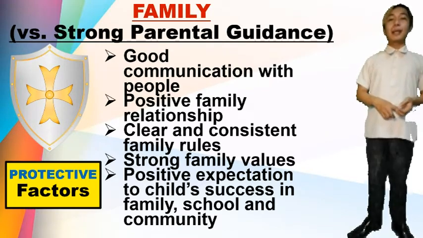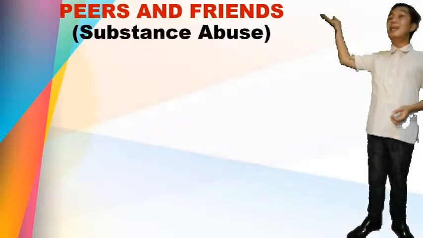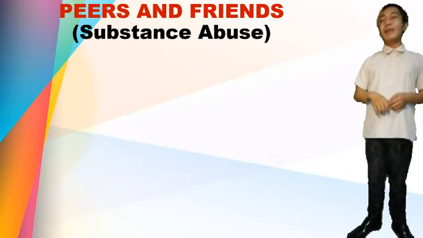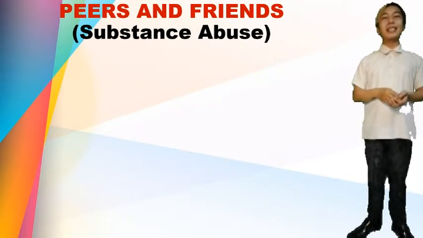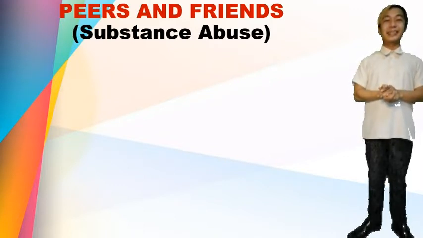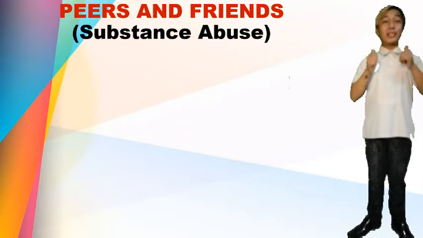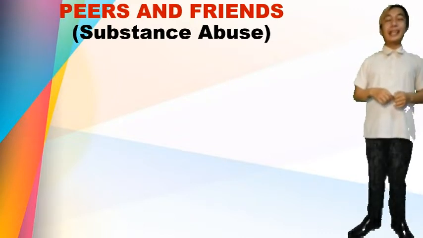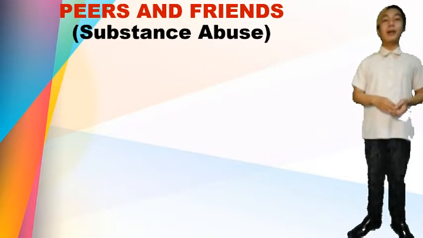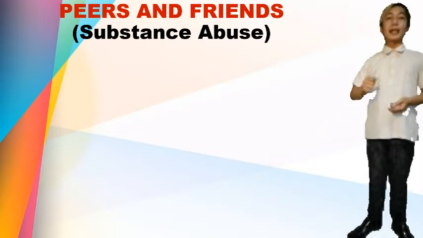Okay, the next one is the peers and friends. So the substance use and abuse. So how do you think that our friends cause us risk factors? Okay, so that's correct. Now let us identify what are the risk factors that are caused by our peers and friends.